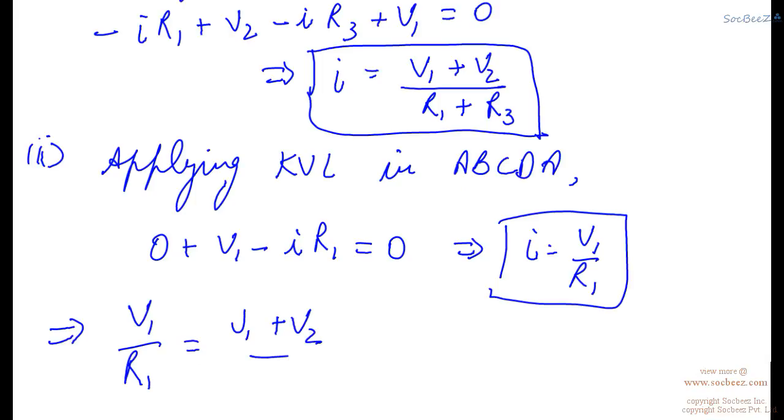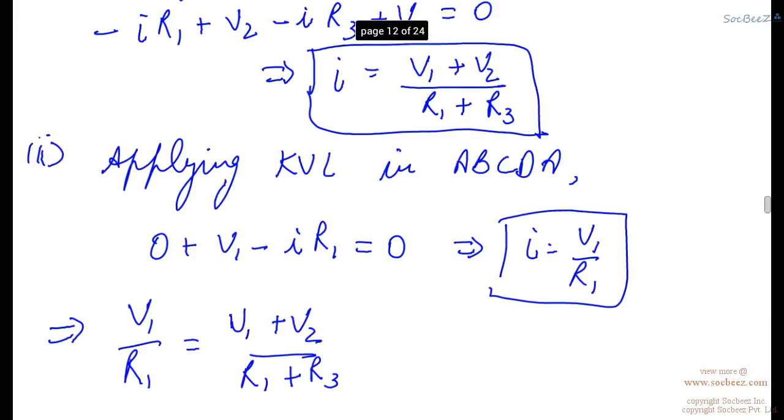So this implies that V1 upon R1 equals V1 plus V2 upon R1 plus R3.